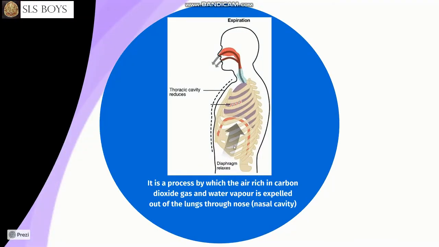While the exhalation process is a process by which air rich in carbon dioxide gas and water vapor is expelled out of the lungs through the nose, or we can call it the nasal cavity. The diaphragm relaxes and moves up. The ribs move down and the chest cavity becomes narrow, and the air rich in carbon dioxide gas and water vapor goes out from the two lungs through the nose.